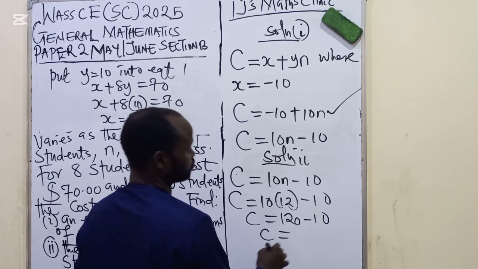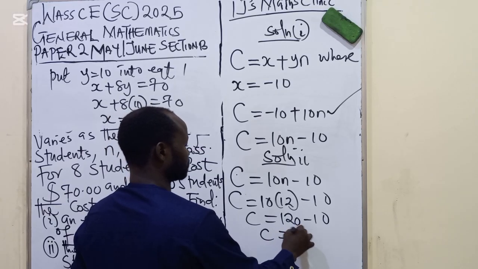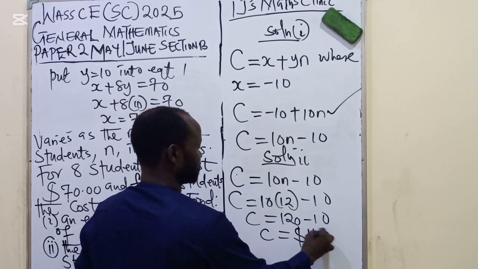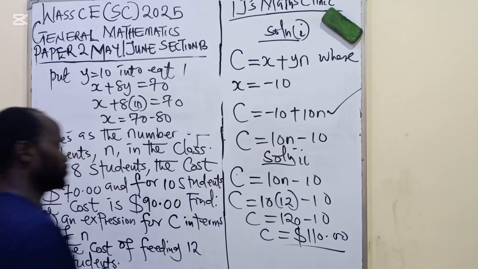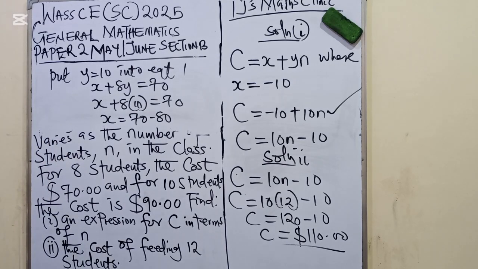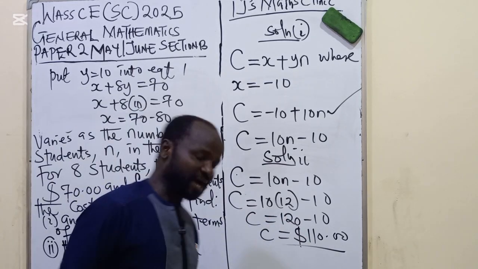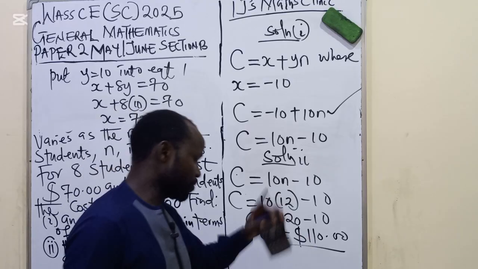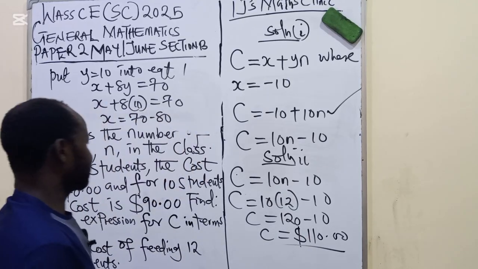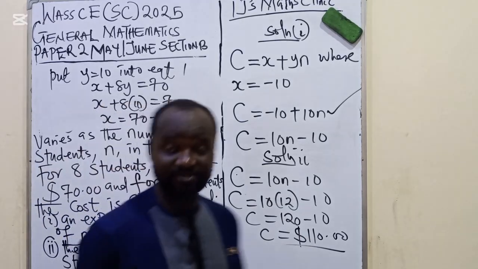C will now be equal to $110. The cost of feeding the students will be $110. That is 120 minus 10, which is $110. So this is the solution to this question.